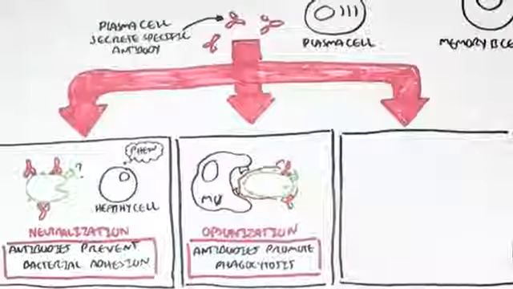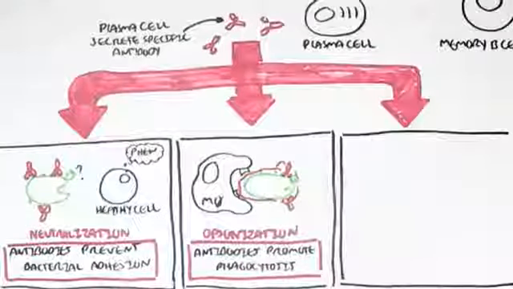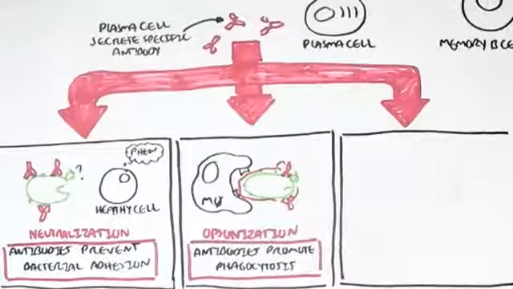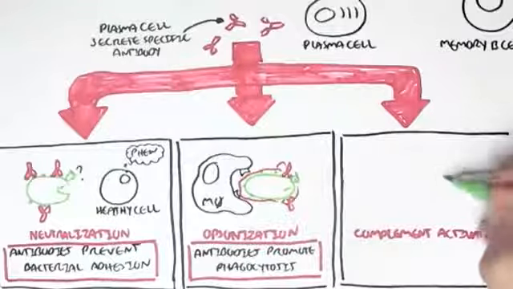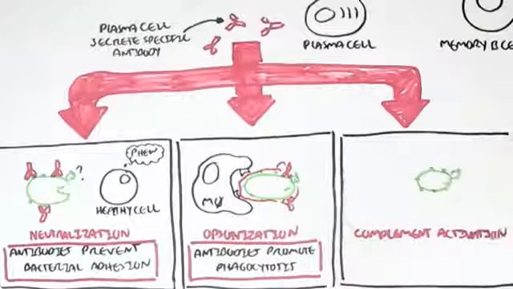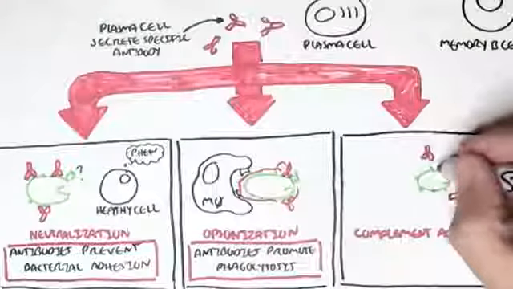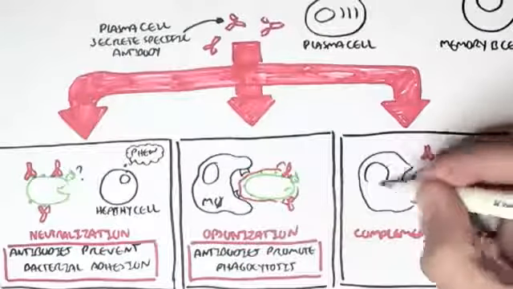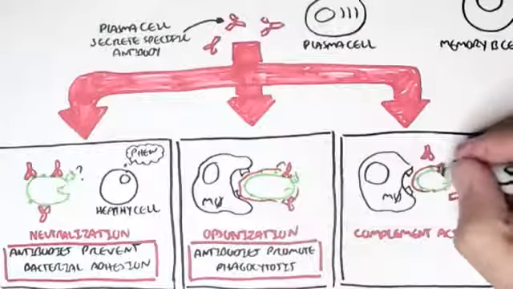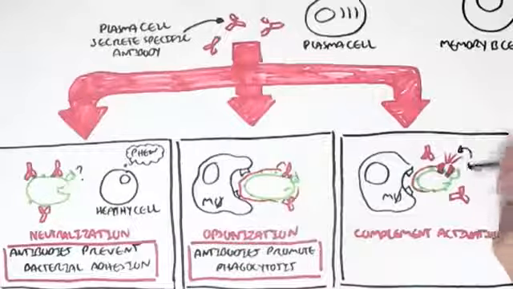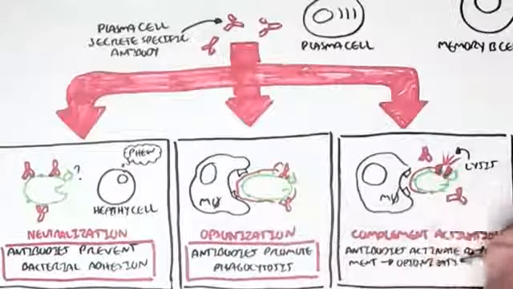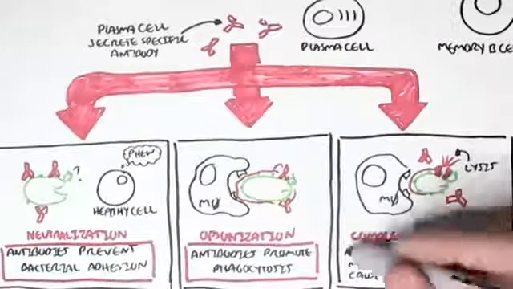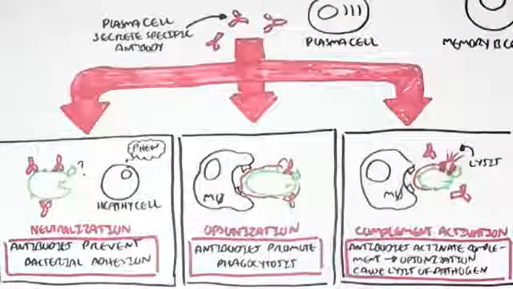Thirdly, specific antibodies towards a specific antigen can activate complement. Activating complement essentially means that antibodies can opsonize the pathogen, promoting phagocytosis, and also cause the pathogen to lyse, to self-destruct, to burst.